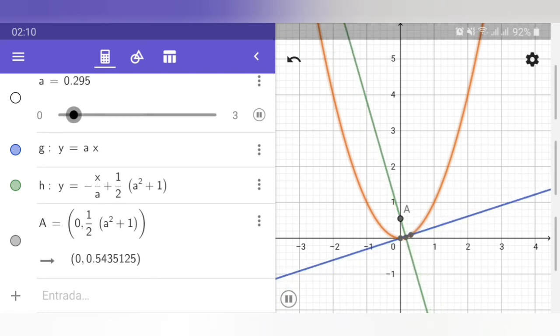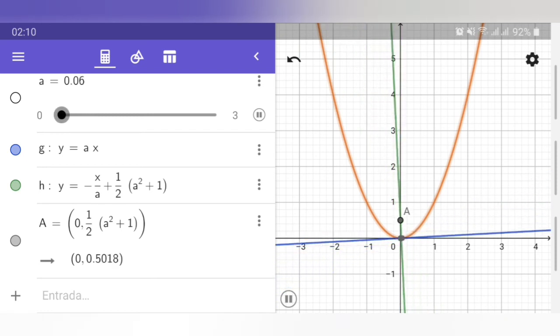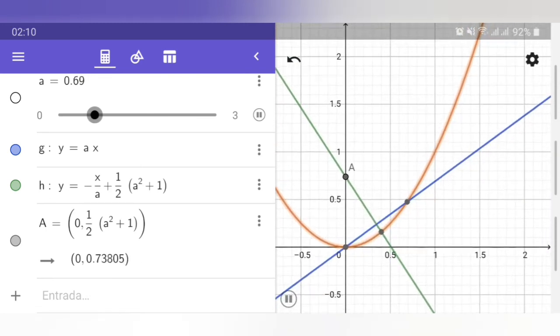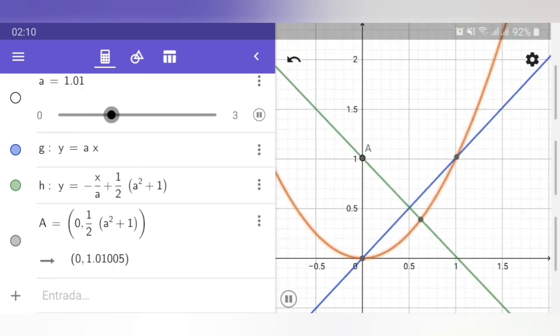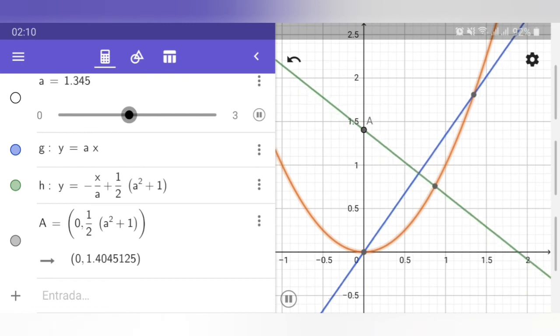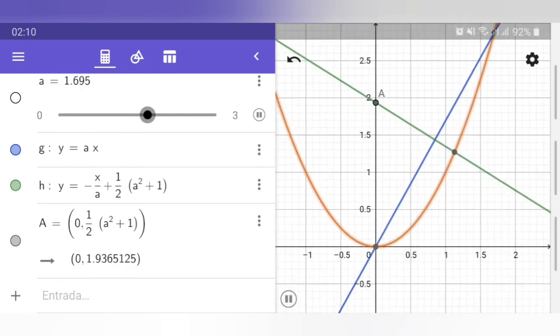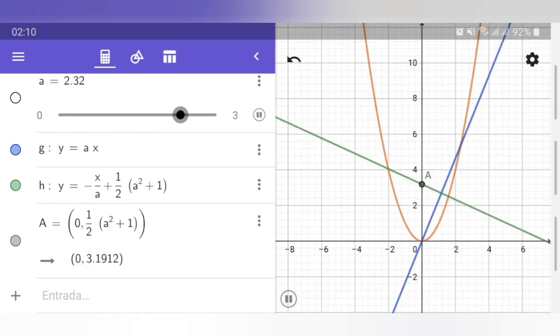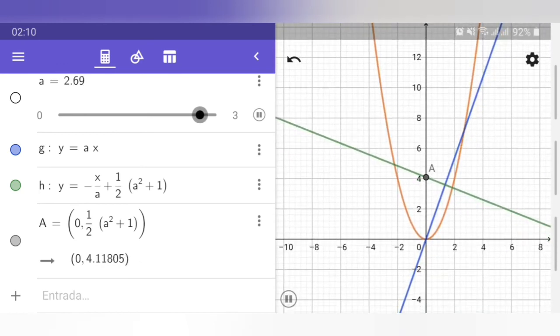What does it try to be when a goes to 0? Look, 0.5, and then it starts jumping up again, right? Look over here, you see the green line always in the middle, so it's starting to go up, go up, go up, go up.